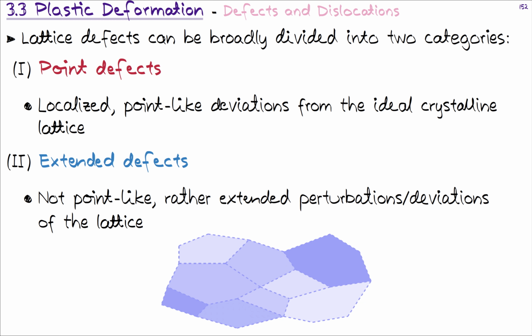I'm highlighting this schematically, what extended defects may be. For example, this would be a piece of a two-dimensional material, for example just a single flake of graphene. When we go to large enough flakes of graphene, even though it might be just a single atomic layer thick, when we move in the X and Y directions along the plane of the flake, there will be some grain boundaries where the crystalline structure of graphene changes into something slightly different.